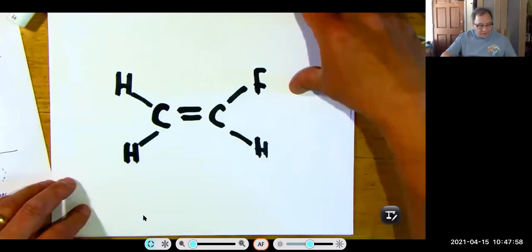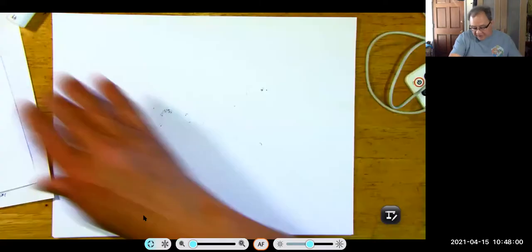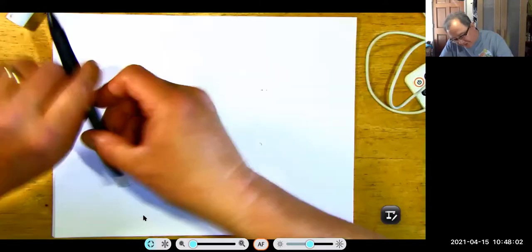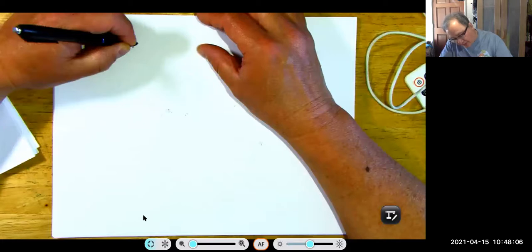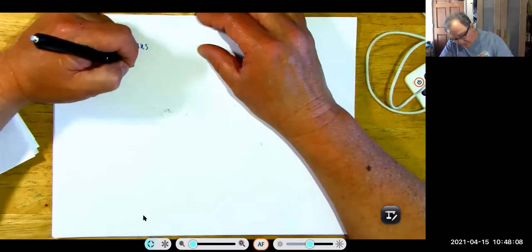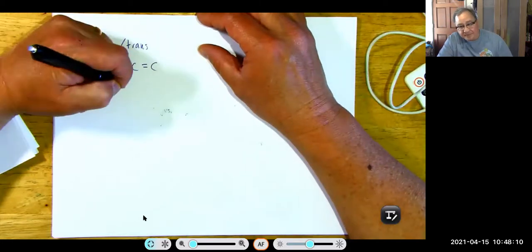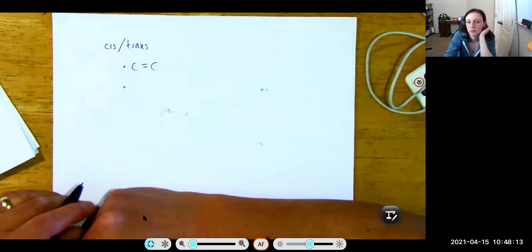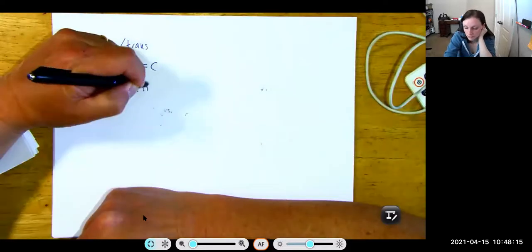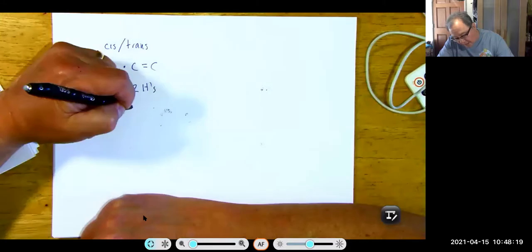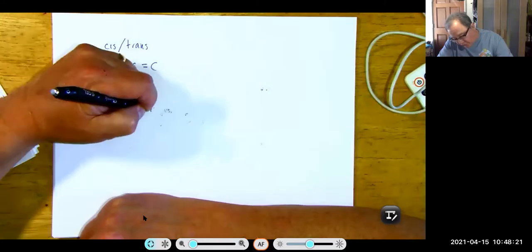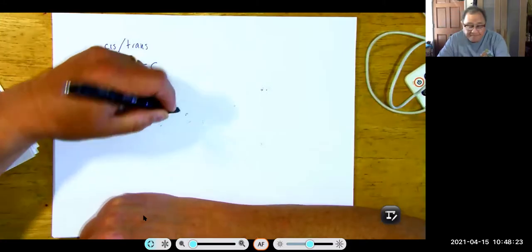So what did you learn about cis and trans? What are the things that you need for cis and trans? What have we just learned? You need a carbon-carbon double bond, right? Yeah. You need two hydrogens. And what else? One hydrogen on each carbon.